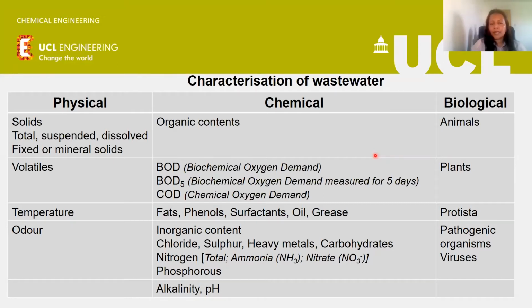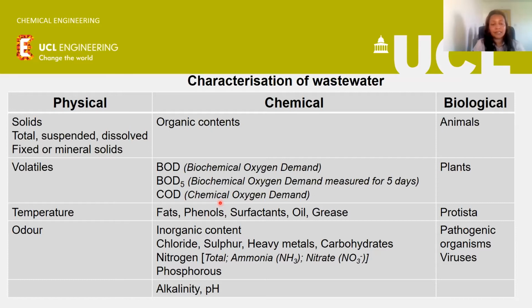When it comes to wastewater treatment, we obviously have to characterize the wastewater. So here are some attributes that are used to characterize it. For example, the solids that are present, the volatiles that are dissolved, the temperature, the odor, and chemical attributes like the organic content and the oxygen demand, both biochemical oxygen demand and chemical oxygen demand. They are an indication of the pollutants present in the water.